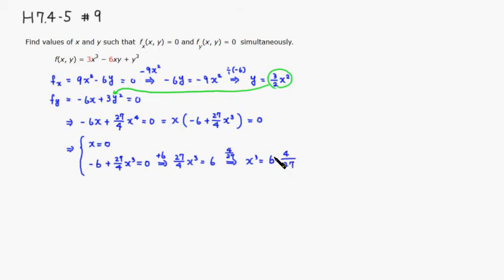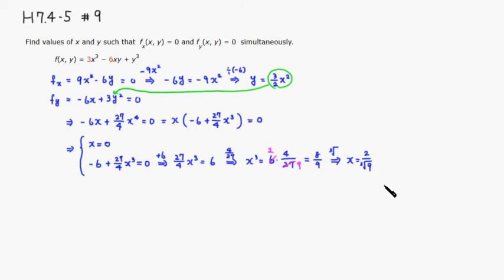The 6 and the 27 cancel by dividing by 3, so there's a 2 and a 9. So you will get 8 over 9. Then we can take the cube root of both sides. So x is equal to the cube root of 8, which is actually 2, which is kind of nice, over the cube root of 9.